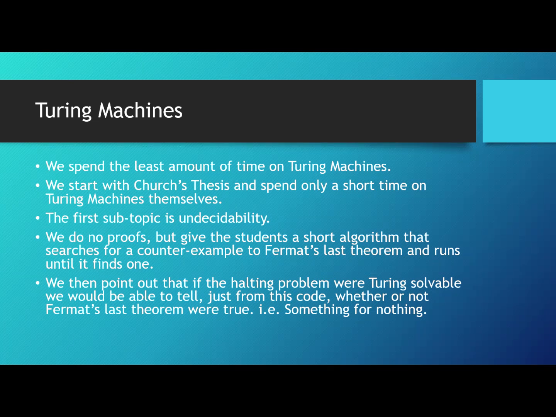And then we point out that if the halting problem were Turing solvable, we would be able to tell just from looking at this trivial code whether or not Fermat's last theorem were true. We're getting something for nothing. Everybody knows that that can't happen. So this motivates the students to understand that there must be such a thing as a Turing unsolvable problem.